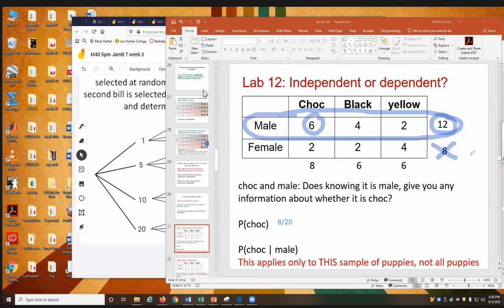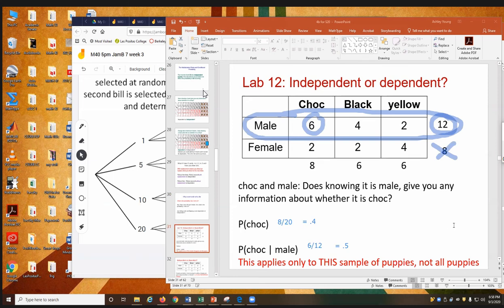So now remember, given changes my total. Now it's out of 12. So, 6 out of 12. Are these the same? This one ends up being 0.4. This one equals a half. Those are not the same.